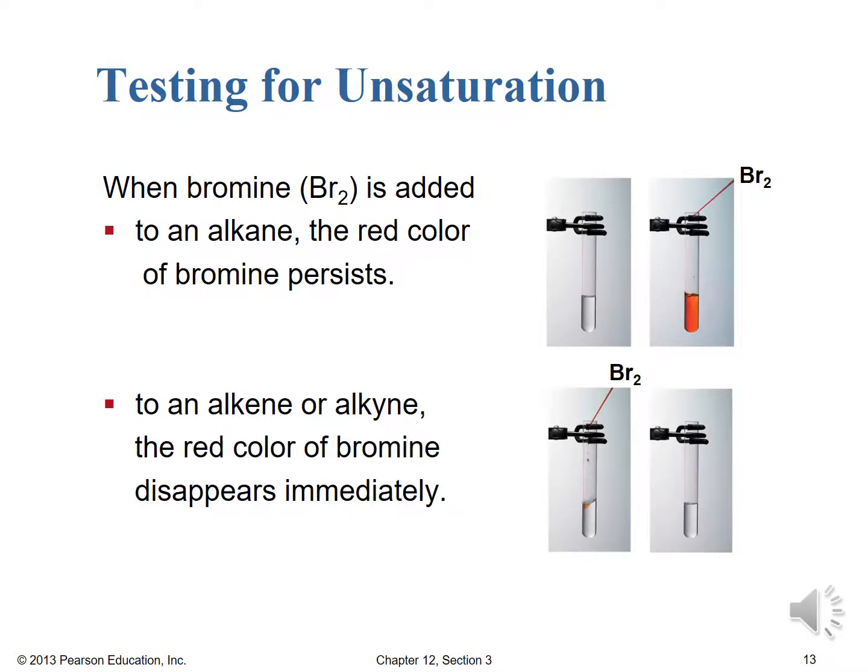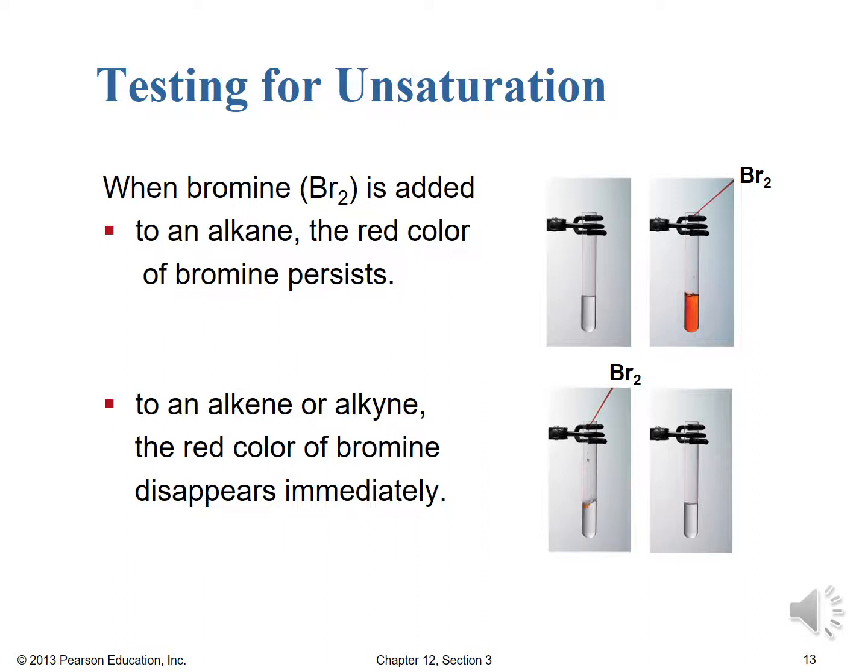Now, because bromine is an intensely colored liquid, and because double bonds or triple bonds are quite reactive with bromine without the need for any catalyst, bromine is often added to test for unsaturations.